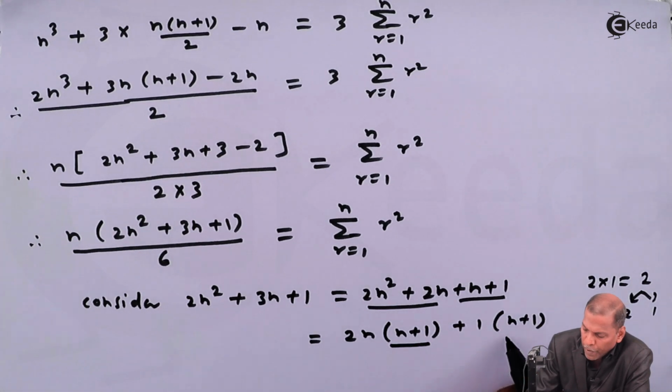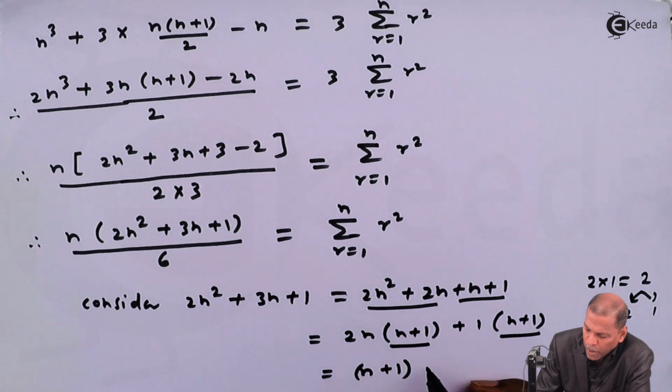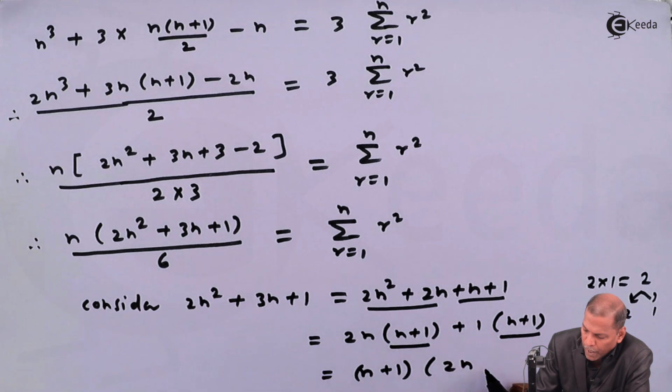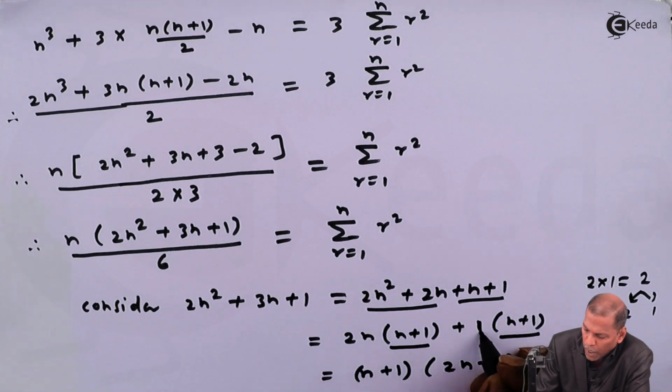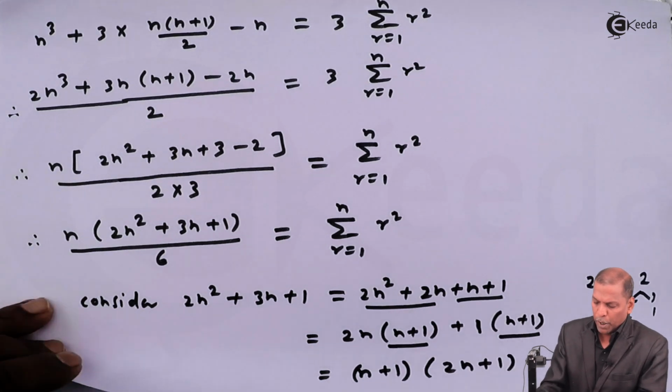From that we take (n plus 1) common, so we have (n plus 1)(2n plus 1). In this way, 2n square plus 3n plus 1 can be factorized as (n plus 1) and (2n plus 1).